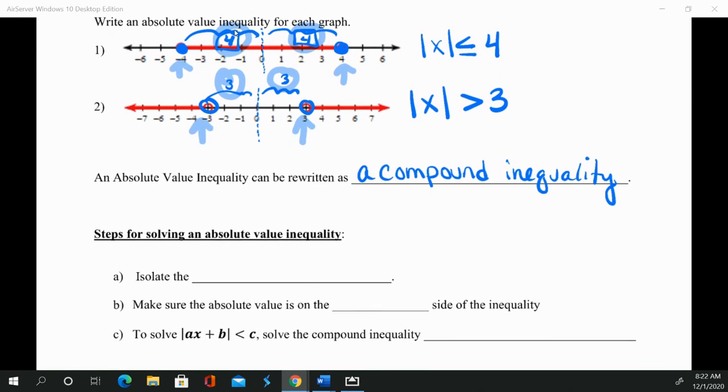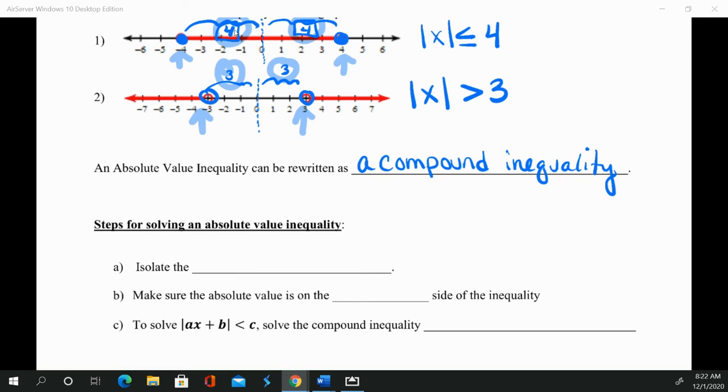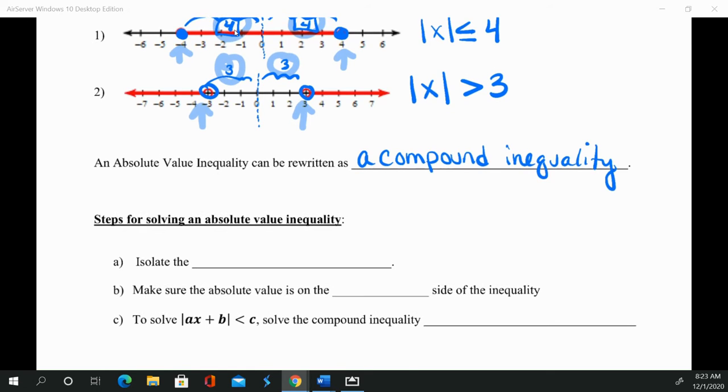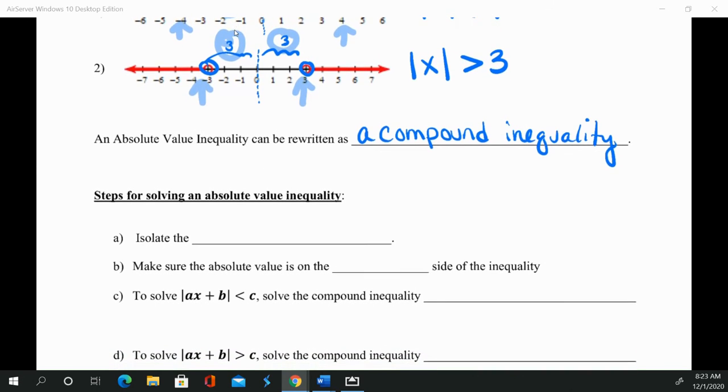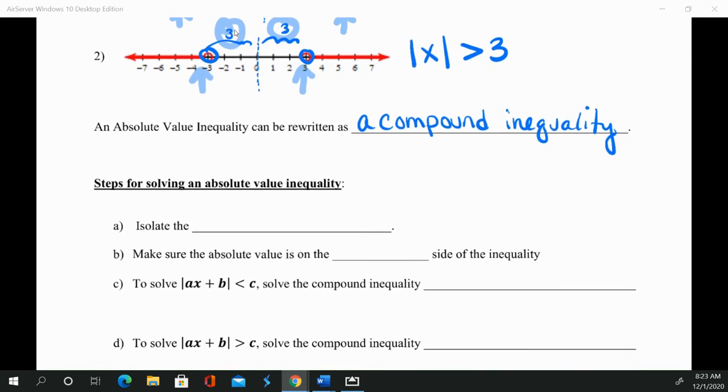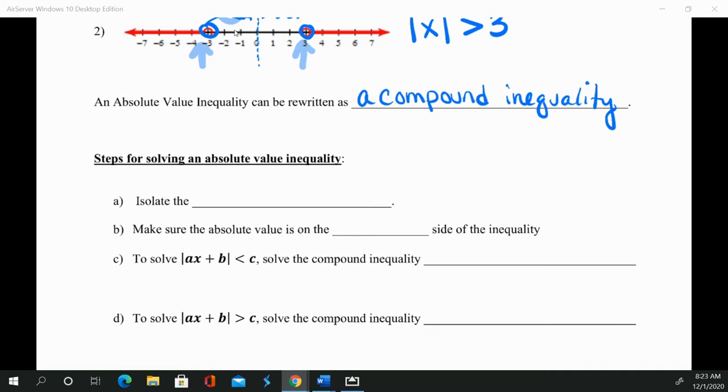And remember the 2 types of compound inequalities we have: and compound inequalities, and or compound inequalities. So before we get into those rules, we have a couple steps to do beforehand. Our first step to doing any kind of absolute value, either equation or inequality, is always to isolate the absolute value.